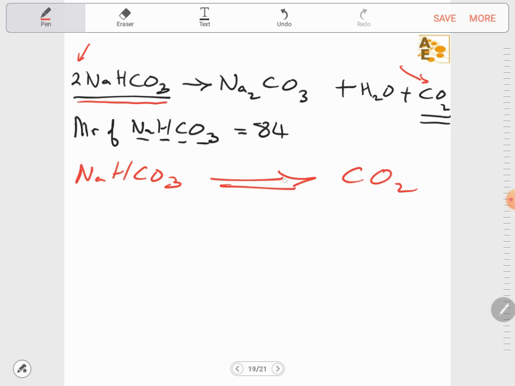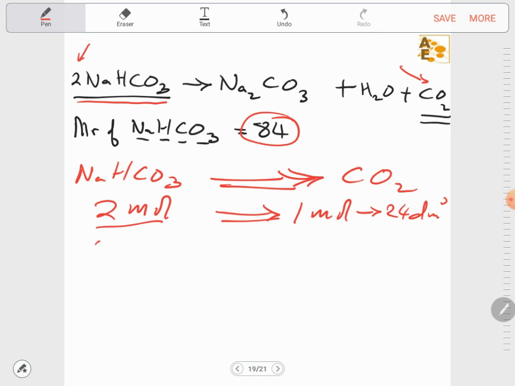I put a double arrow just to show you that this is not a chemical equation, this is part of our calculation. In terms of the ratio, 2 mole of sodium hydrogen carbonate produces 1 mole of carbon dioxide, which is of course 24 cubic decimeter.